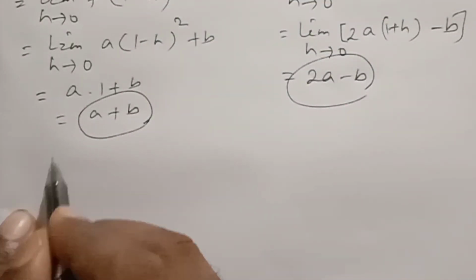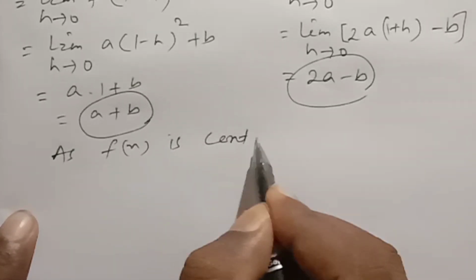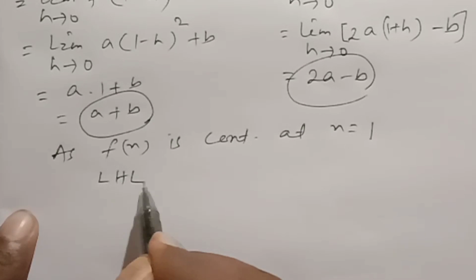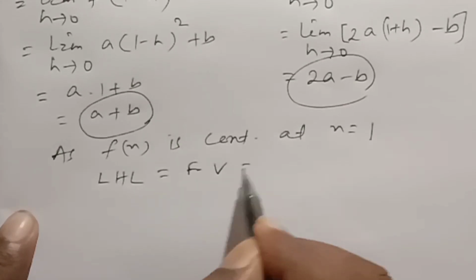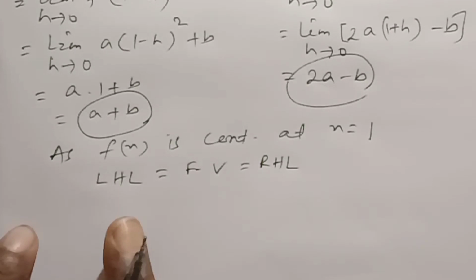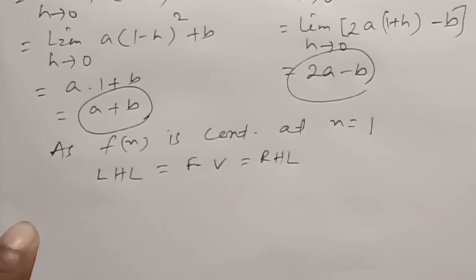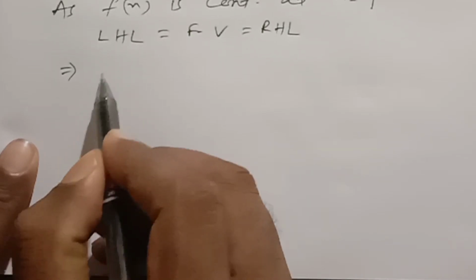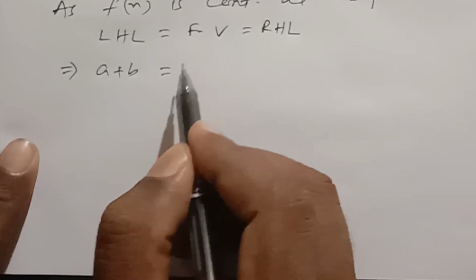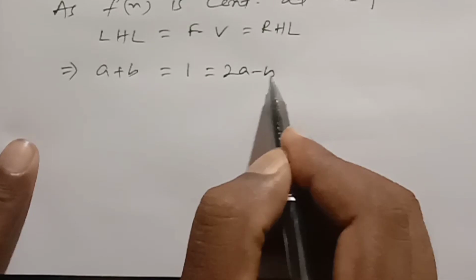Now as f of x is continuous at x is equal to 1, then LHL is equal to functional value is equal to RHL. According to definition, if the function is continuous, then LHL is equal to functional value is equal to RHL. LHL is a plus b and functional value हम कितना निकाले थे 1 and RHL is equal to 2a minus b.